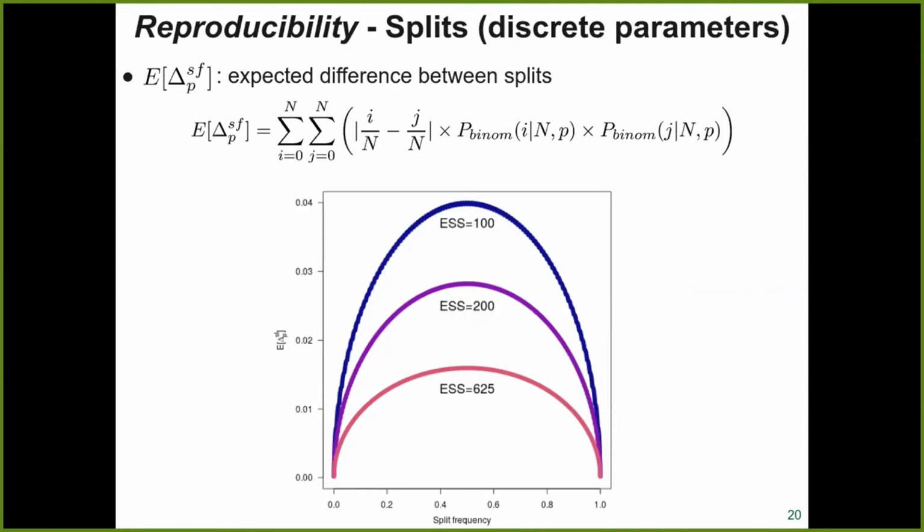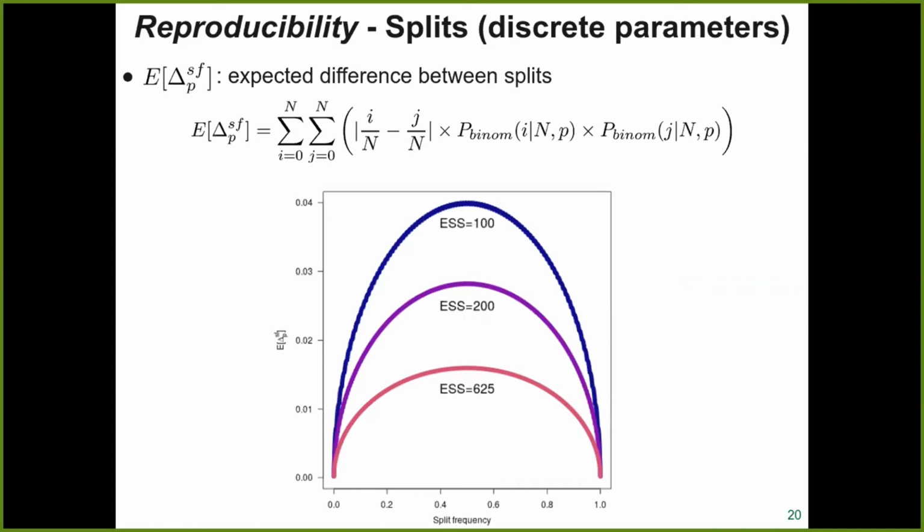But for the splits, we have discrete parameters, so we cannot apply the same test. Instead, we calculated the expected difference between splits, and that is based on the mean absolute difference between two binomial distributions.